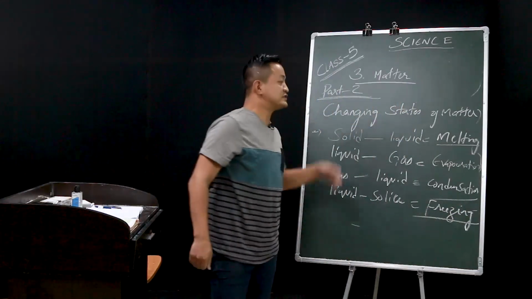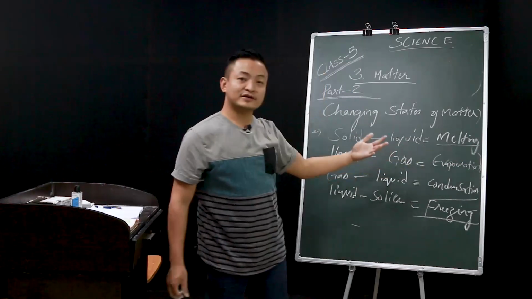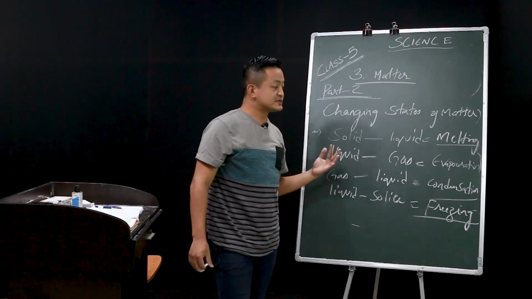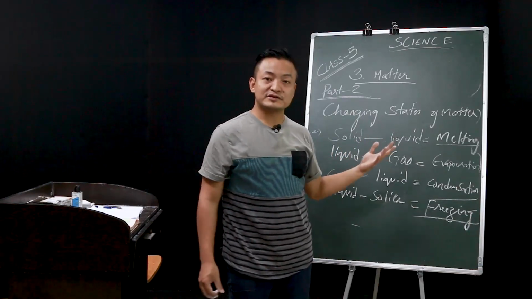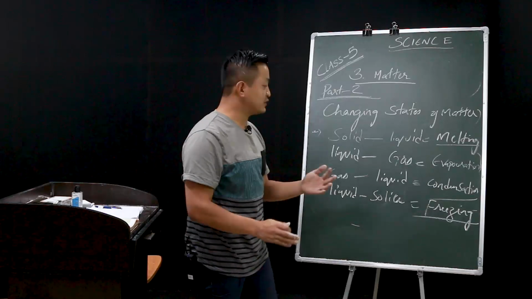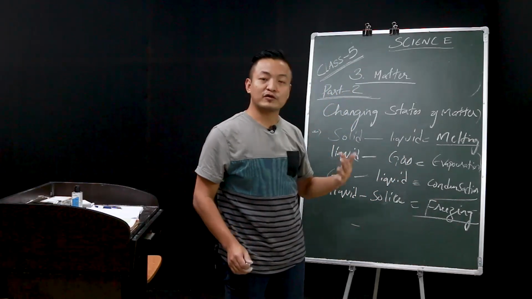Okay, so you just have to remember what melting is: solid to liquid on absorbing heat, right? Then from liquid to gas is known as evaporation, steam. Clear? Now from gas back to liquid is known as condensation, where there will be a withdrawal of heat.